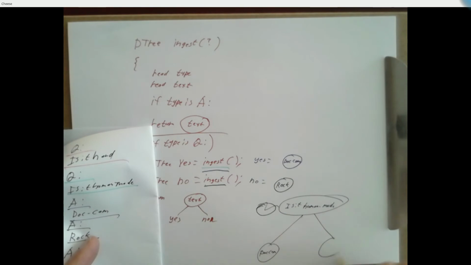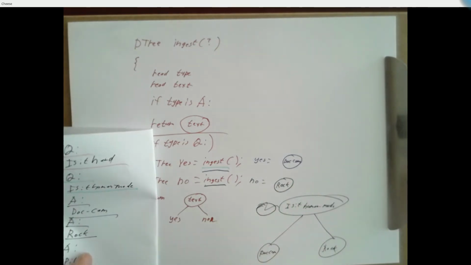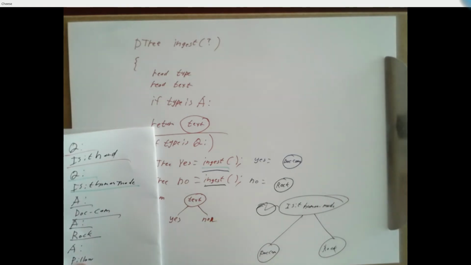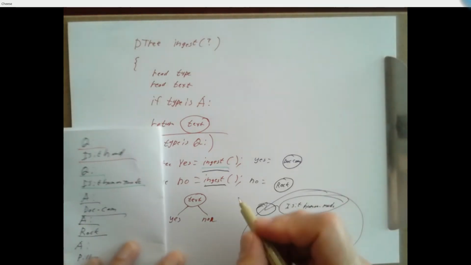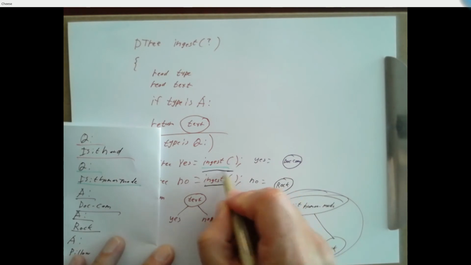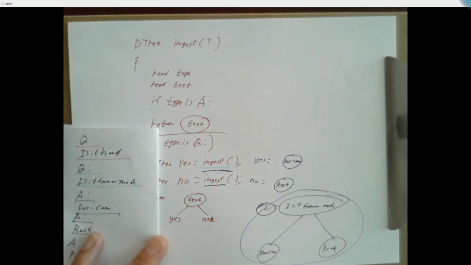And the no node will be rock. And that's going to be the return from this purple call to ingest. Okay, so this is what we got back from this call.